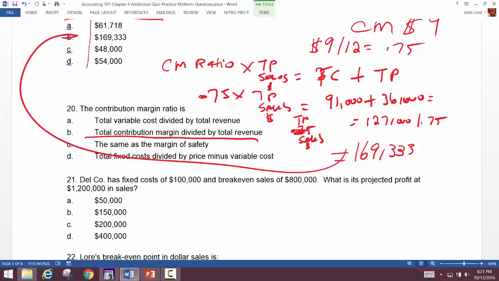If I have 100 units that I'm selling, what's my sales? $1,000. If I'm selling 100 units, then my variable cost is how much? $700. So my contribution margin total is $300, isn't it?